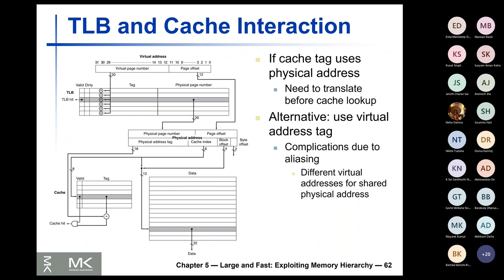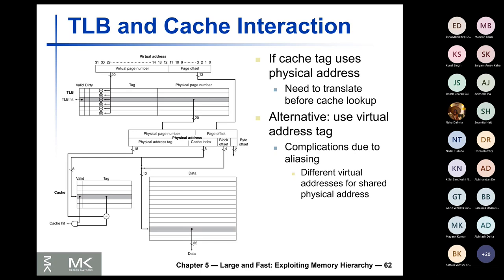Even this scheme is substantially complicated. One of the inherent assumptions is that if you look at the TLB, other than the virtual page number, there is no process identifier.